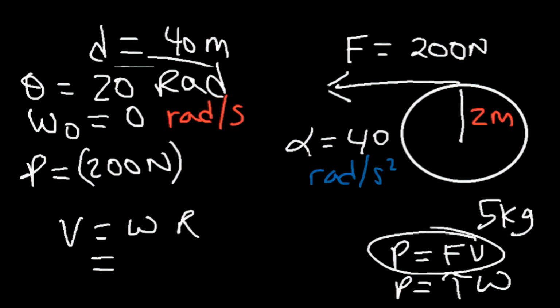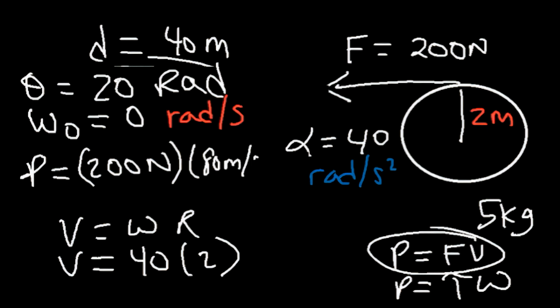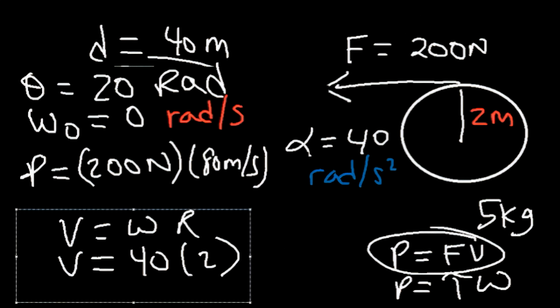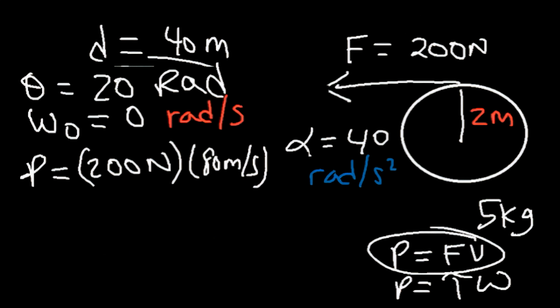So if the angular velocity is 40 radians per second times the radius of 2, then the tangential velocity is 80 meters per second. It's 40 times 2. So what's 200 times 80? 200 times 80 gives you the same answer, which is 16,000 watts. So that's the instantaneous power.